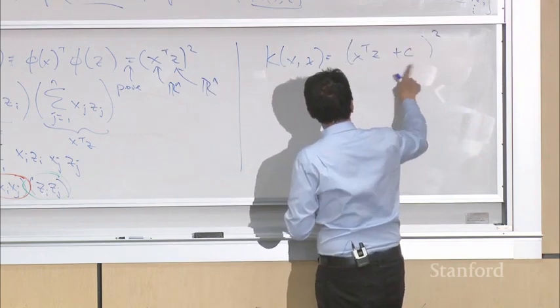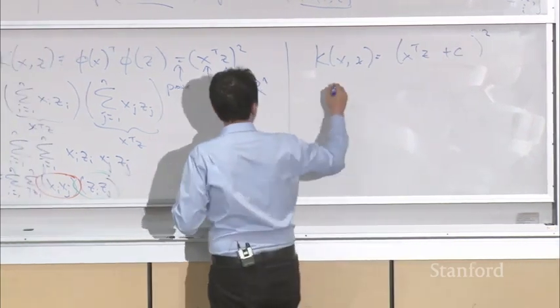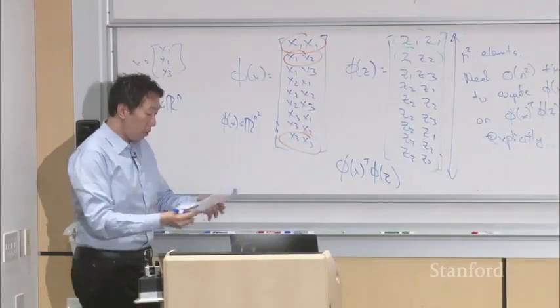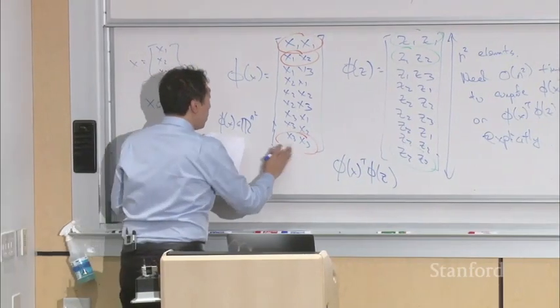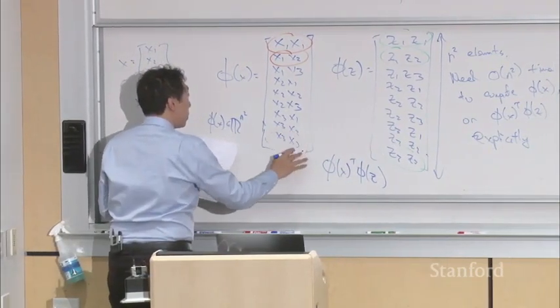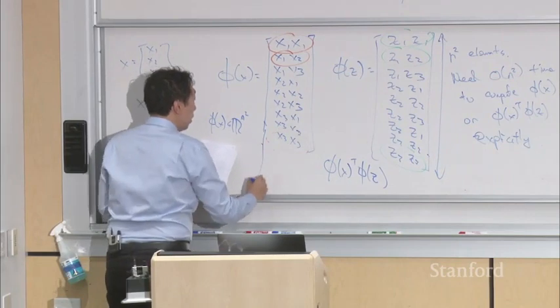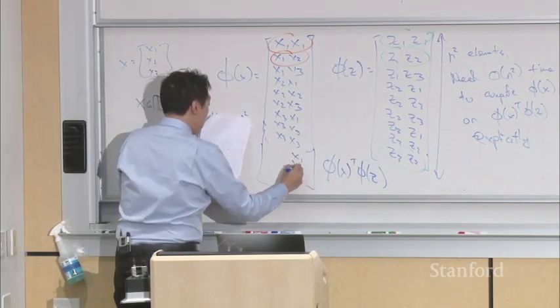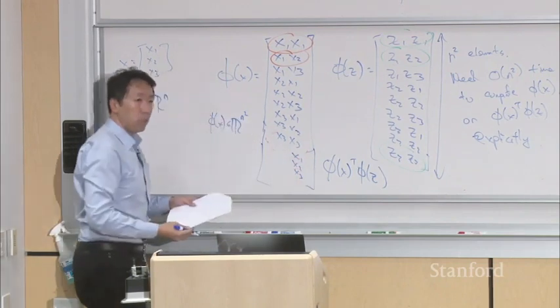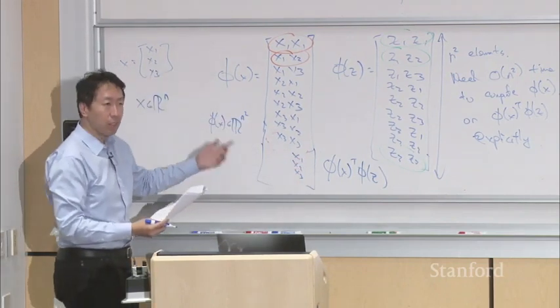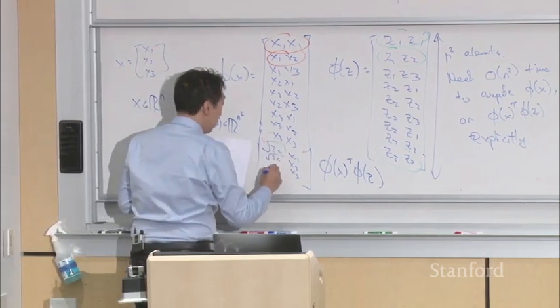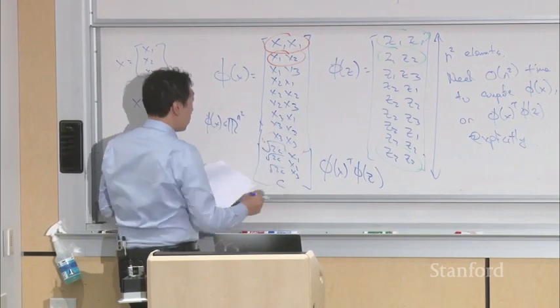If we now add a plus c there, where c is just some fixed real number, that corresponds to modifying your features as follows. Where instead of just the binomial terms, pairs of these things, if you add plus c there, it corresponds to adding x1, x2, x3 to your set of features. Technically, there's actually a weighting on this. There's actually root 2c, root 2c, root 2c, and then a constant c there as well.